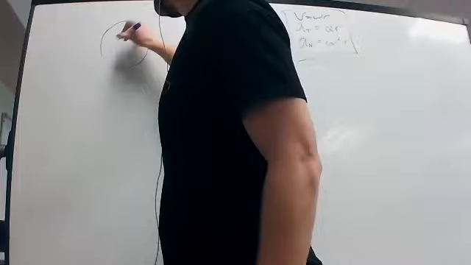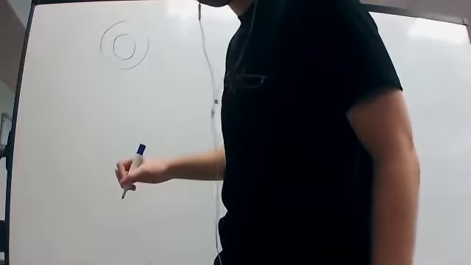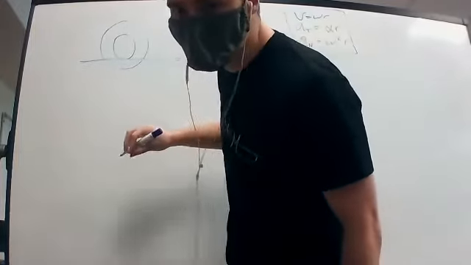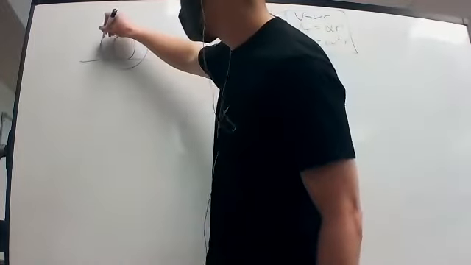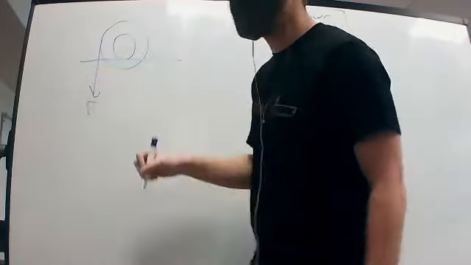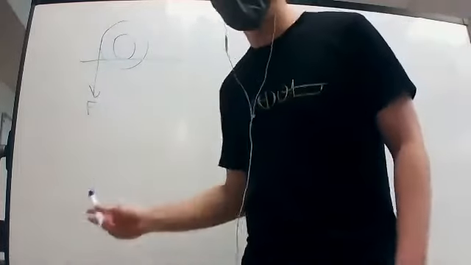Where we have a wheel with an inner and outer radius on a plane, with the inner radius resting on the surface and the outer radius being connected to a cable represented by F with a force pulling down on it.